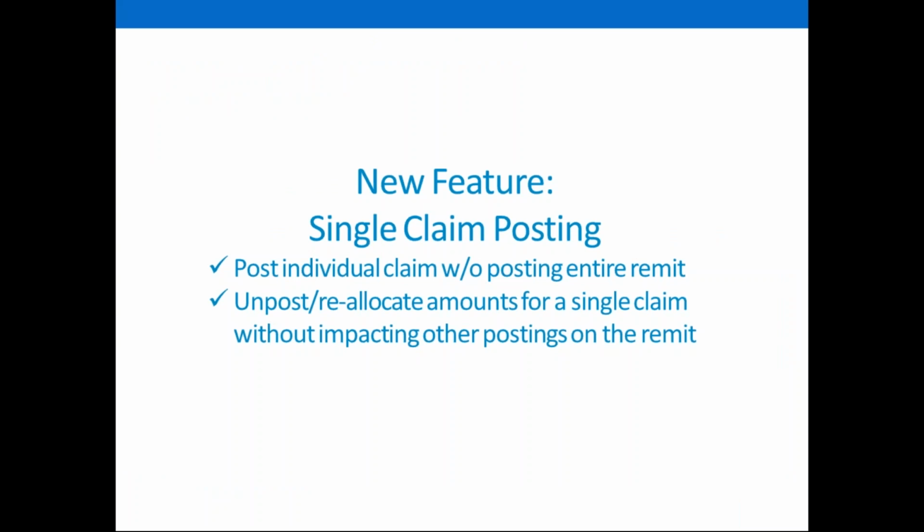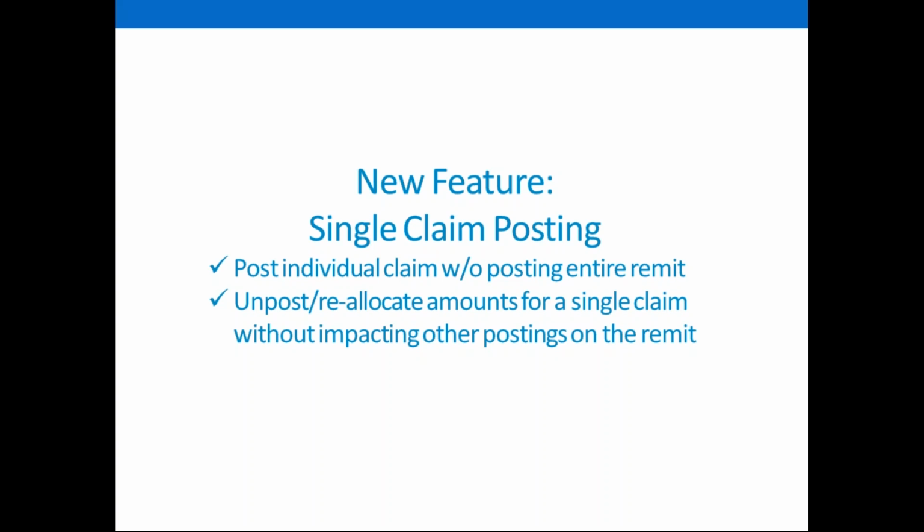Now, because of this design change, we've got a new feature called single claim posting. This is going to allow you to post an individual claim without posting the entire remittance. It also allows you to unpost and reallocate amounts for a single claim without having an impact on anything else in that remittance.